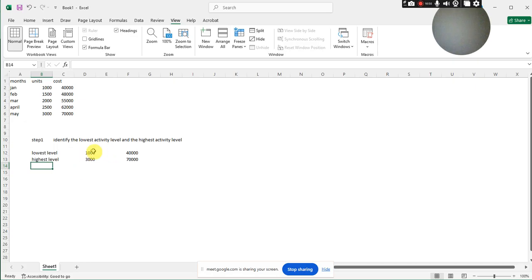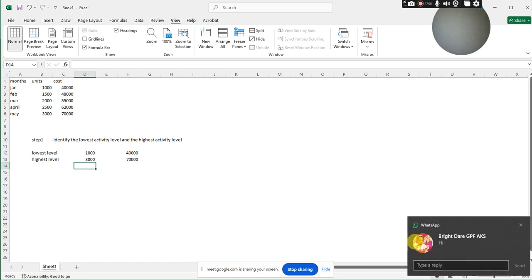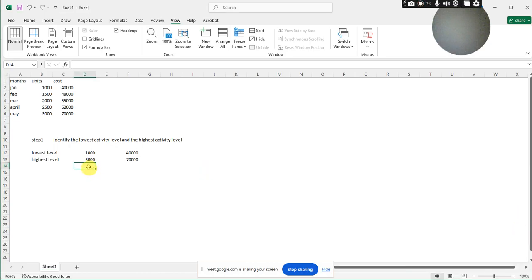So if you subtract 1,000 from 3,000, you have 2,000 activity level.